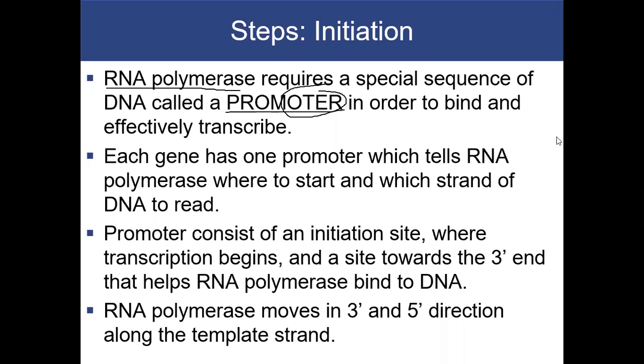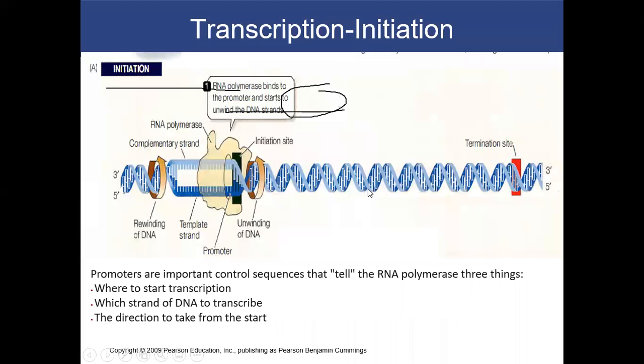along the template strands. If we look at the illustration here, let me just clear all previous drawings. Good. So we have the DNA, and this particular gene here is being transcribed.